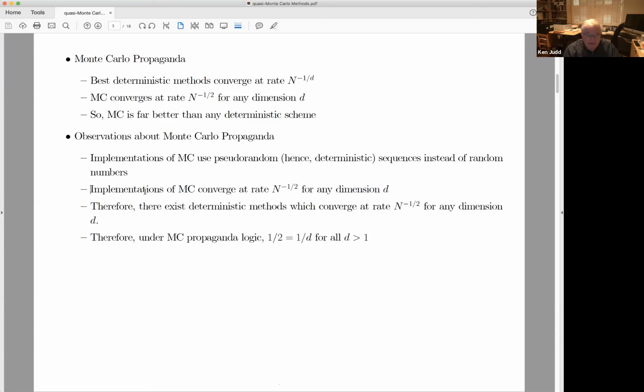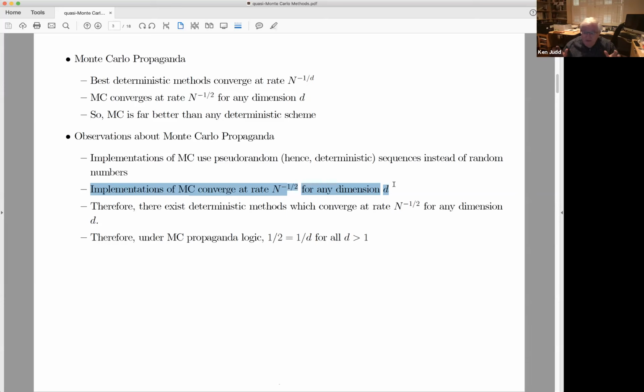Now the experimental fact is that when you use these things to compute integrals, you do observe that the error converges to 0 at the rate 1 over root n. Well, why? How did that happen?